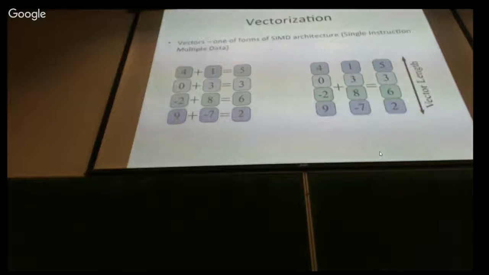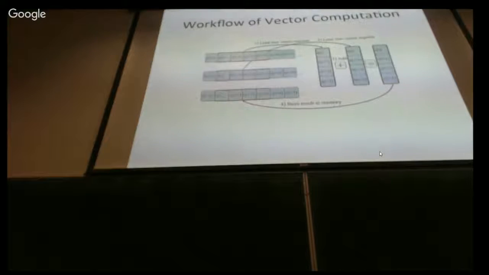The wider the instruction set, typically the more you have to try and leverage vectorization. The typical workflow of vectorization is that step one, you load your array into a vector register.